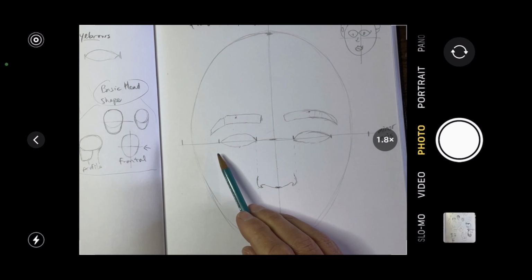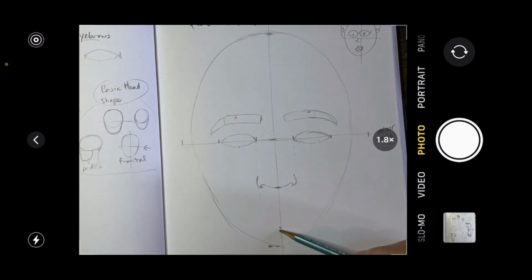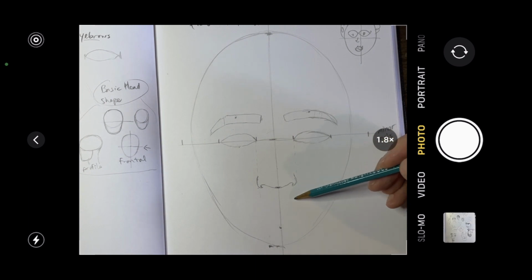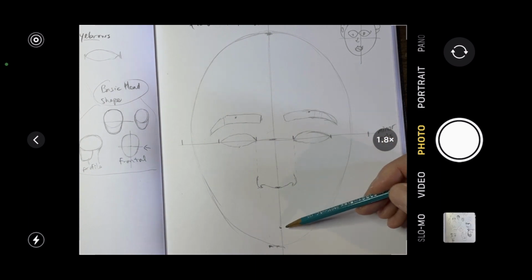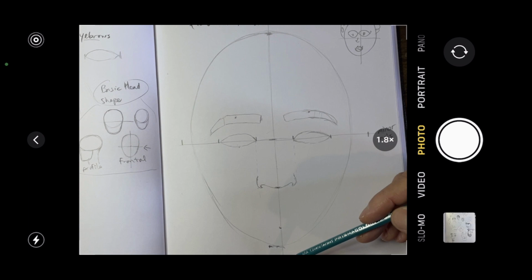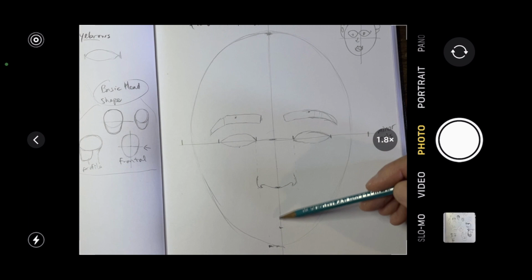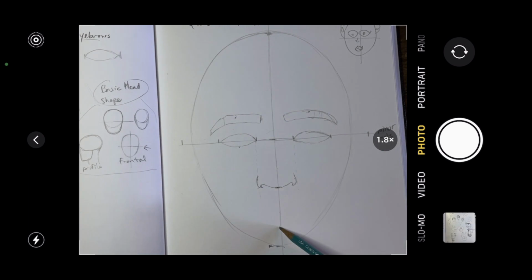So eyes to bottom of mouth. Now, it's possible that when somebody's nose is a little longer and their mouth goes a little lower, so their face appears a little longer, this marking might be the opening of the mouth rather than the lip. But this distance, I'm sensing, needs to be the lower lip. All right, so I'm going to make a line here for the middle, and here's the upper lip right there.